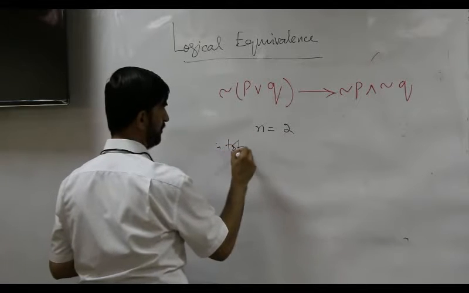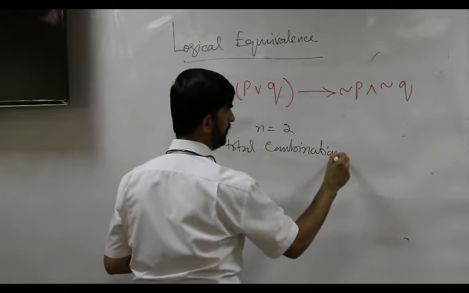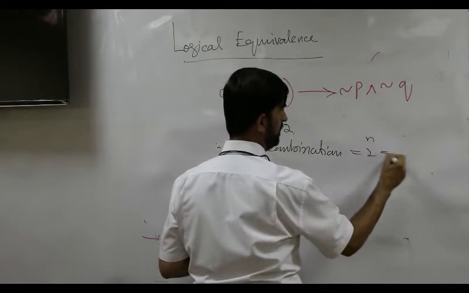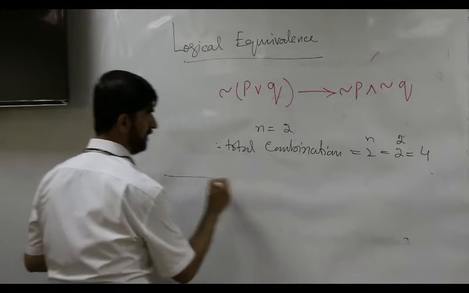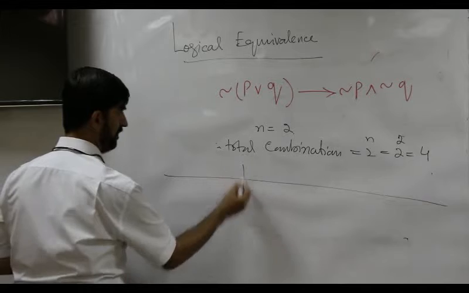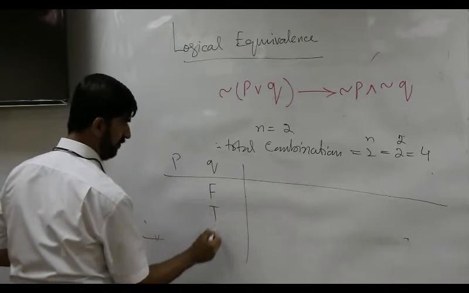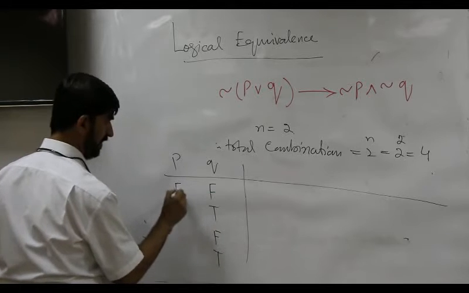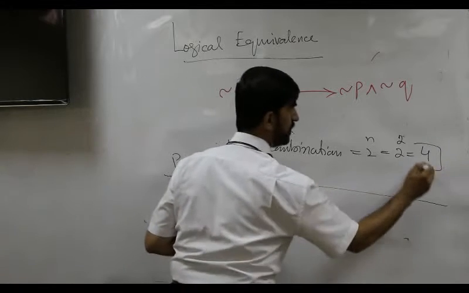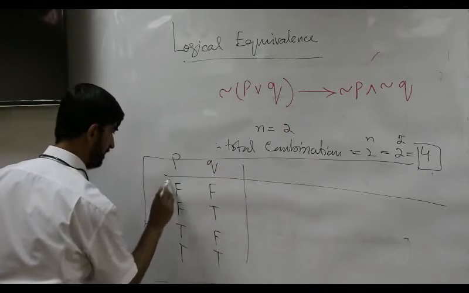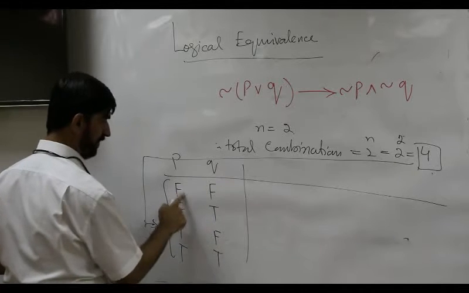Therefore, total combinations will be 2 raised to power n, 2 raised to power 2 is equal to 4. First of all, we will take the basic variables P, Q: false, true, false, true, false, false, true, true. We will be taking 4 combinations.